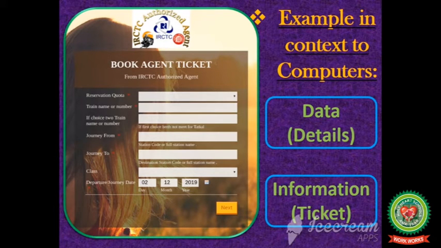So in this case, the details are known as data and the tickets which you get represent information. So students, data is unorganized and meaningless until it is processed by a processing unit and becomes information.